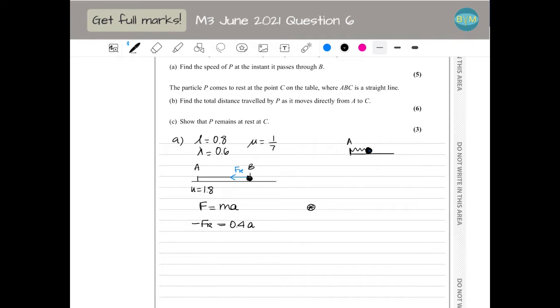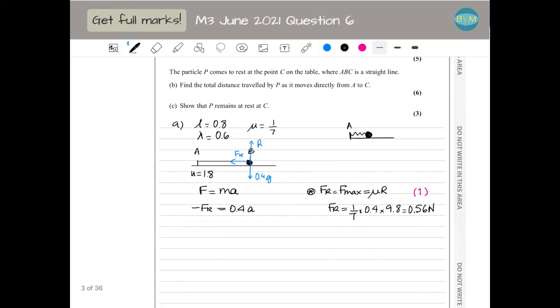But I can find the friction because it's moving, so it's going to be maximum, and you know it's going to be mu times the normal reaction. So that friction is going to be mu, 1/7, and the normal reaction is going to be the same as the weight, so times 0.4 times g. This is 0.56 newtons, and this is your first mark for finding the friction.